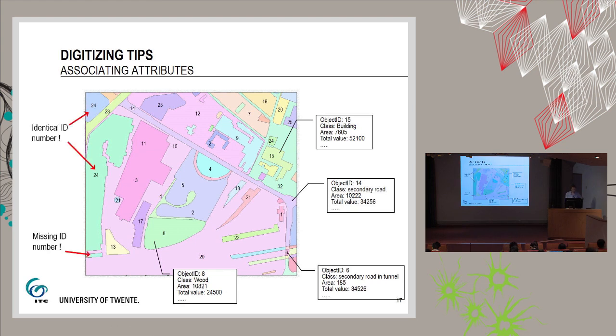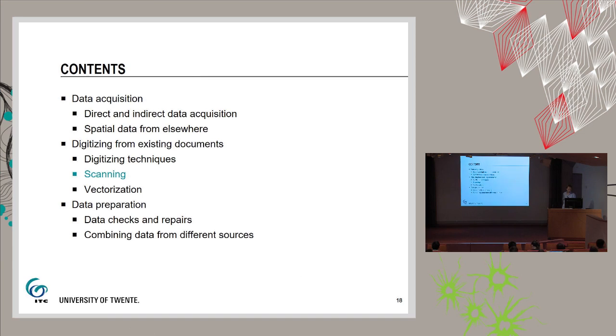I have a problem here. What is this? 2 polygons with the same ID number. That's a bit strange. And there's a missing ID number, so these things you have to solve if it happens. Yeah. And then you can continue. Now that's about digitizing.